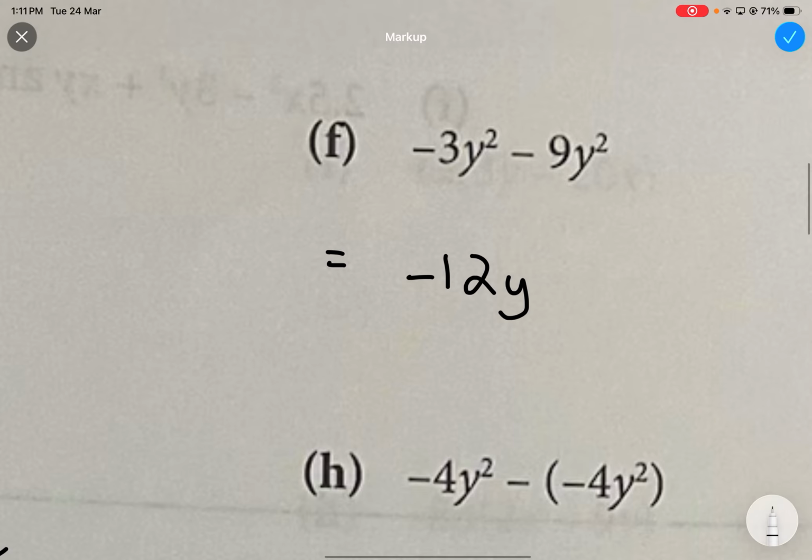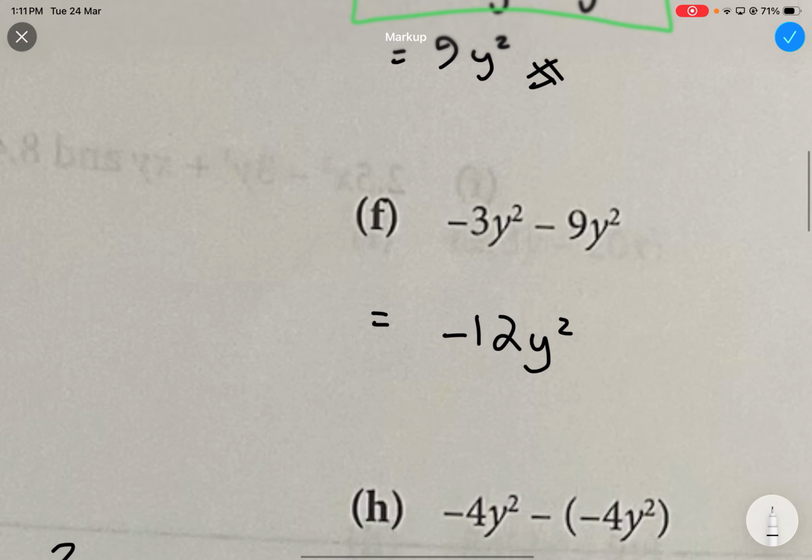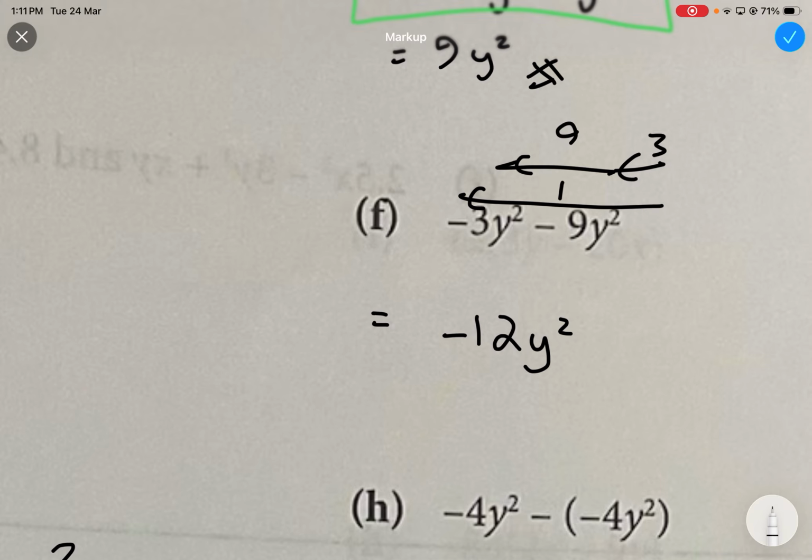So this time actually it is similar. X squared and x squared, they are like terms. They are the same. So I can add them together. 3x squared plus 2x squared, 5x squared.